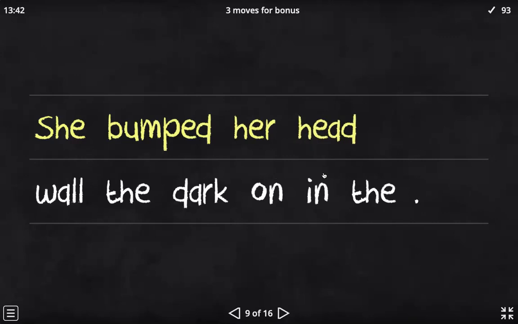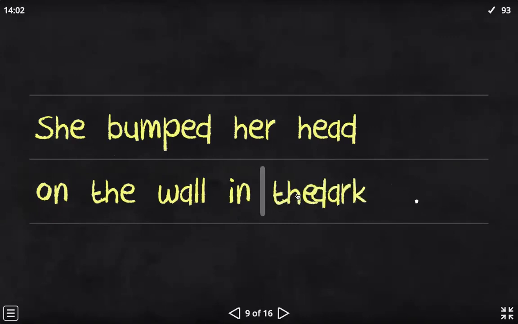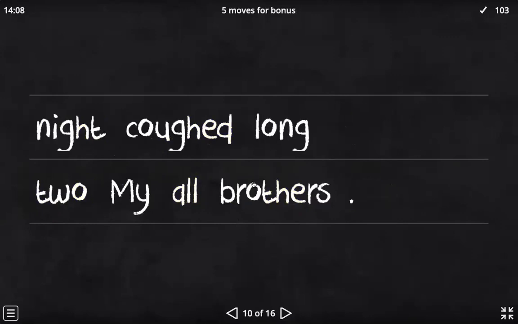Her head. Where did she bump it? ¿Dónde se la golpeó? ¿O contra qué? With what? On the wall. Very good. And what are we missing here? In the dark. Very good. She bumped her head on the wall in the dark. Se golpeó la cabeza en la noche. O sea, en la oscuridad.